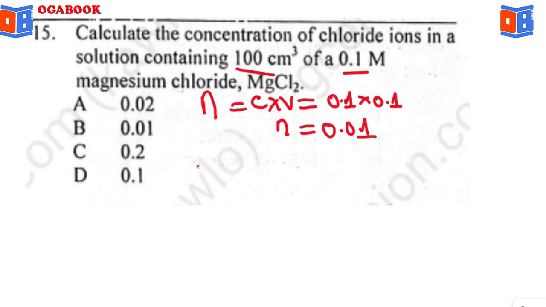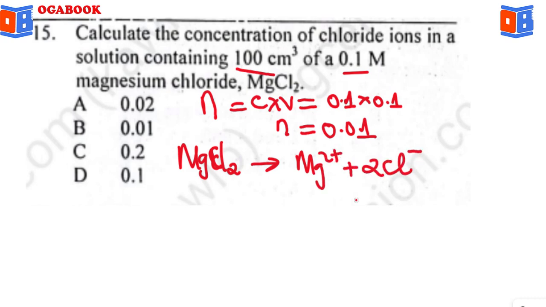So our number of moles will be equal to 0.01. Now we are going to dissociate magnesium chloride, so that we have magnesium 2 plus ions plus 2 chloride minus ions. If we look at the mole ratio, we have 1 and 2.